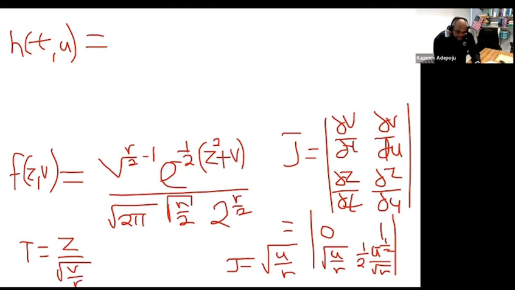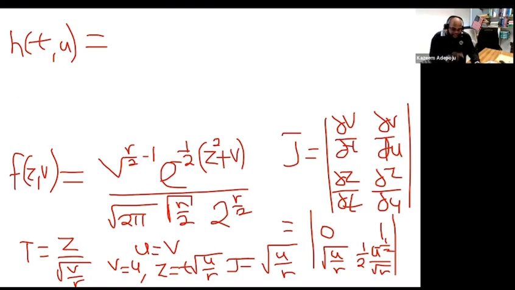Don't forget that I said u equals v, so v will be equal to u, and z will be equal to t times the square root of u over r. So anywhere I say v, I'm going to put u.